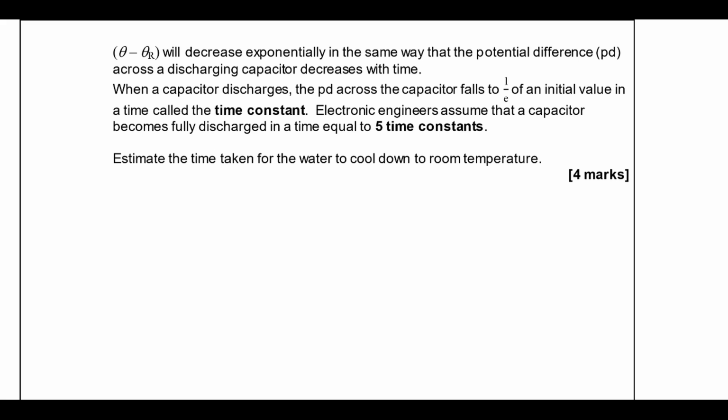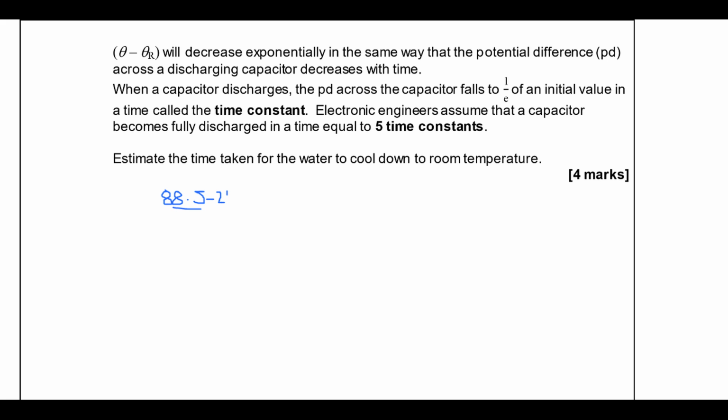So essentially what we're looking for is what 5 time constants of our graph are. So first of all, let's find out what our time constant is. I reckon that graph starts at 88.5, and we reckon the room temperature, if we look at it, starts at 21.